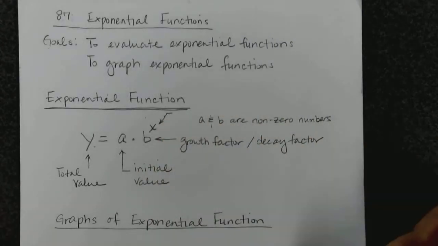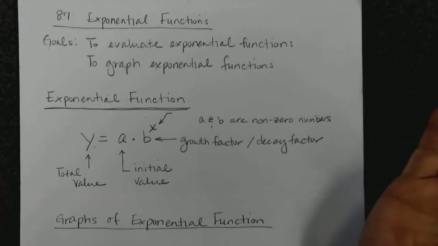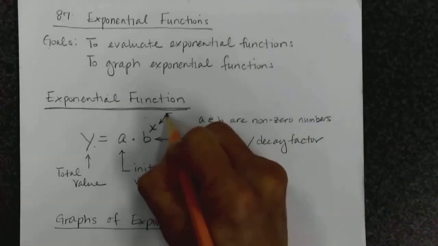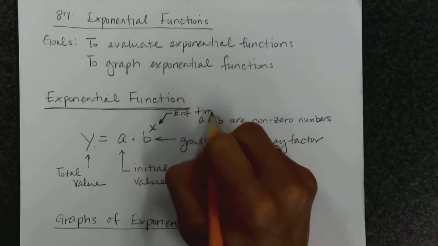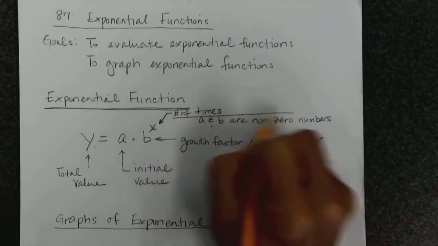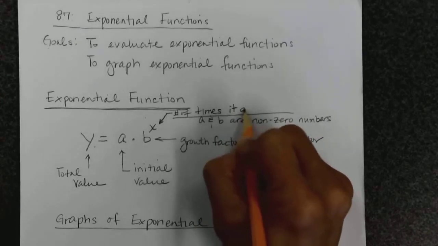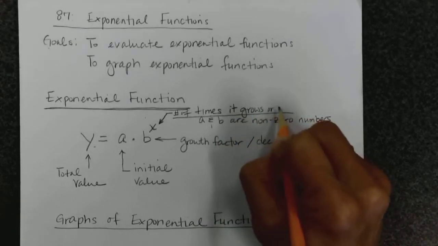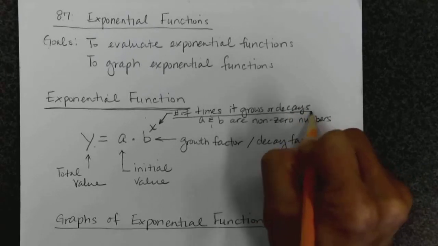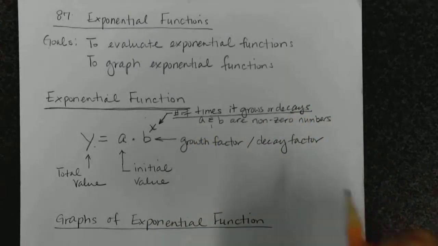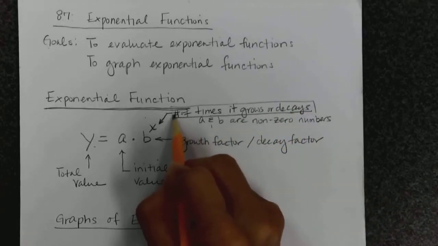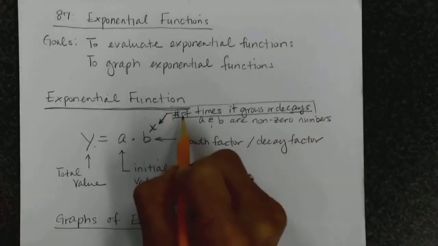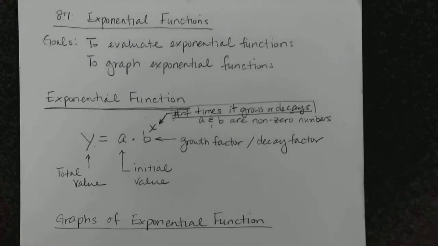number of times something grows or decays. So that's what x is, the number of times it grows or decays. So let's say something doubles every month, and I want to know how much I have after a year.